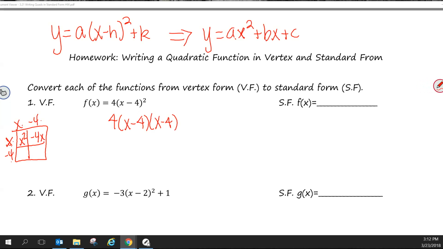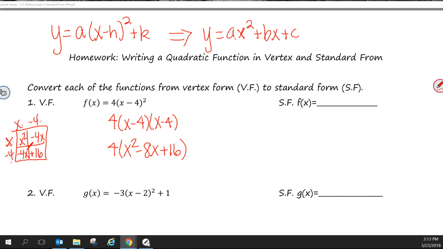This x times negative 4 is also negative 4x. And then negative 4 times negative 4, negative times negative is positive, 4 times 4 is 16. So this is really 4 times my first term, x^2. My middle term, I'm adding along the diagonal, so negative 4 minus 4 would be minus 8x. And then my last term is plus 16.